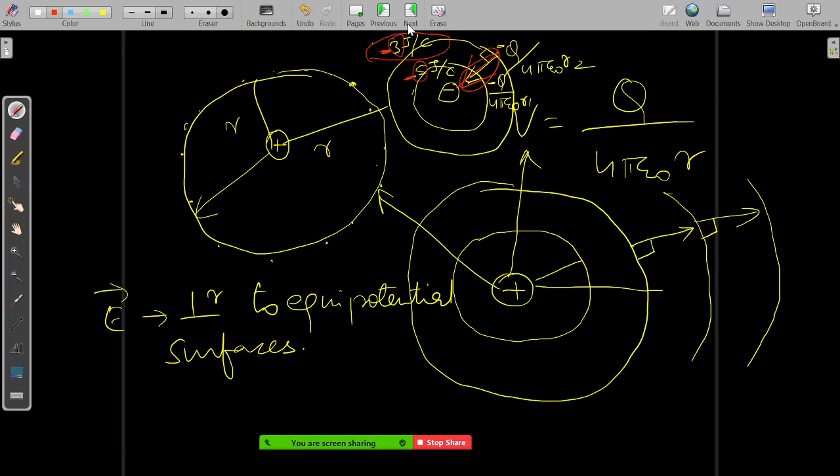The same thing that was applicable for the positive charge applies here also. The electric field is towards the negative charge, and in that direction, the potential basically is decreasing because the negative sign is there. Okay, done with this.